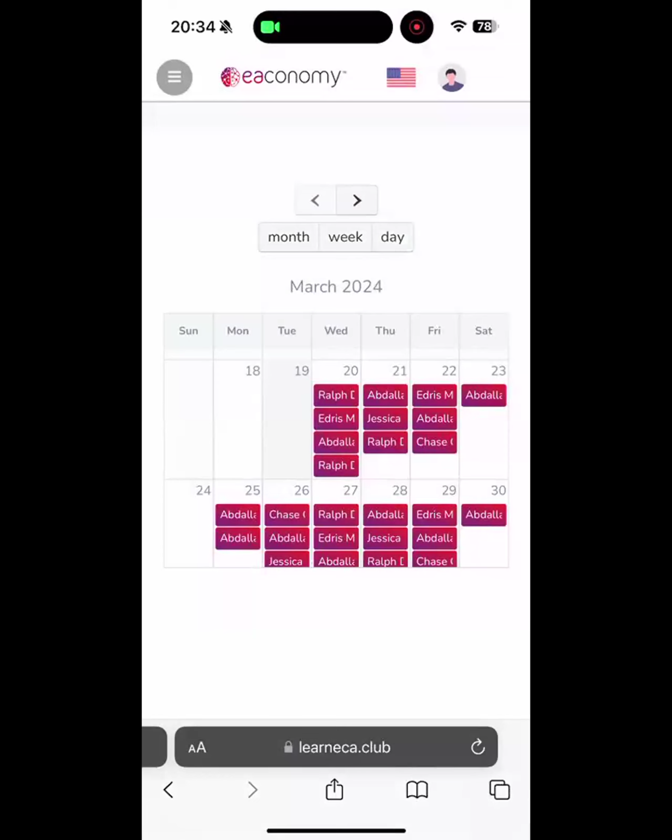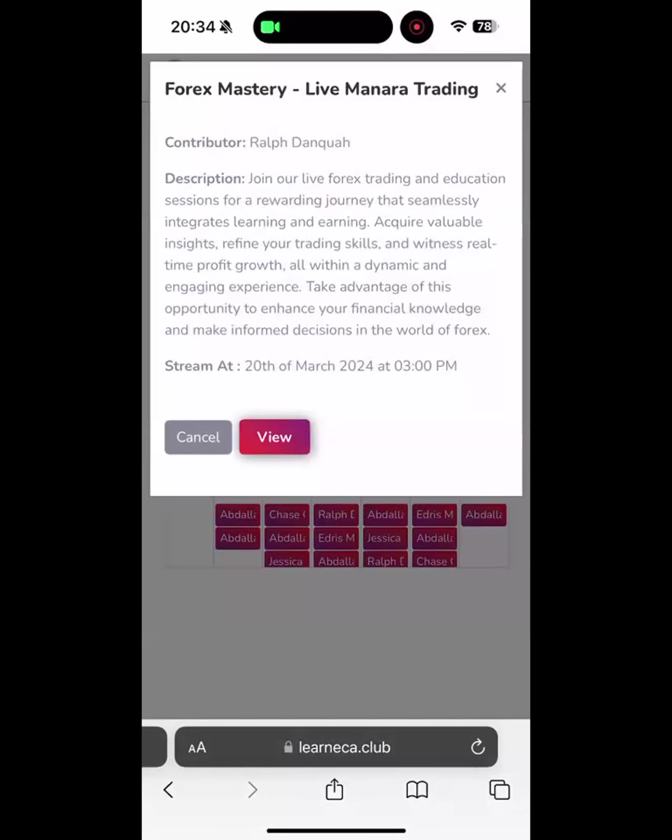So we have the last person, Ralph Donkwa, again, right? So for those persons that did not join the 12 a.m. one, so maybe like you're asleep or something, there's also a 3 p.m. call as well. Because trust me, somebody's 12 a.m. in Nigeria is another person's 2 p.m. in the US or something.